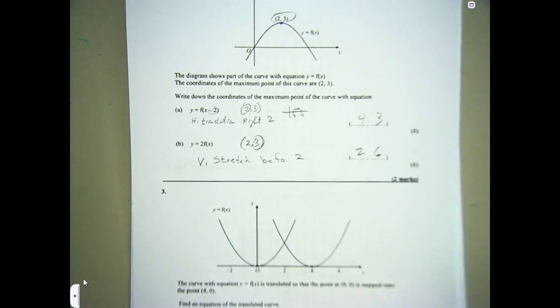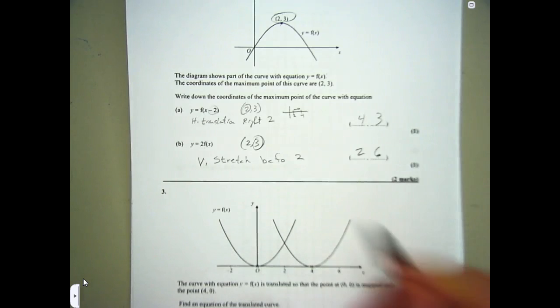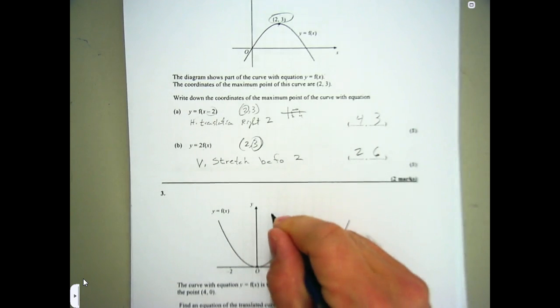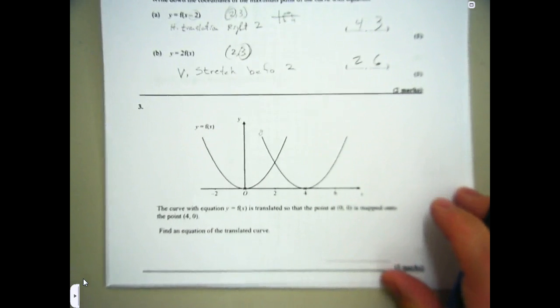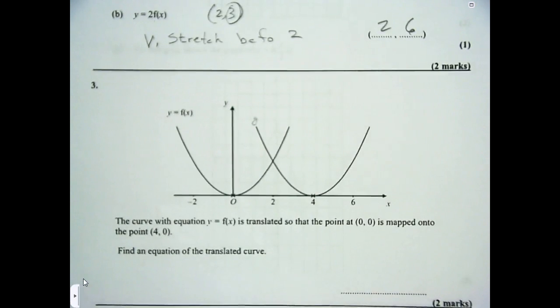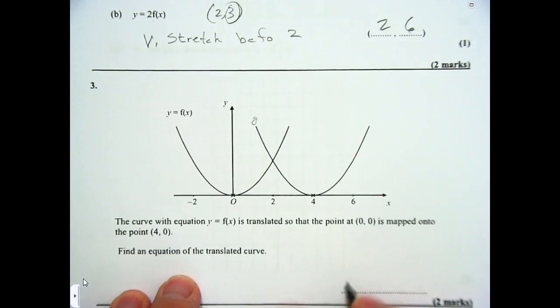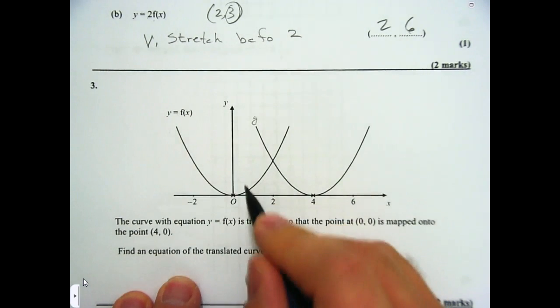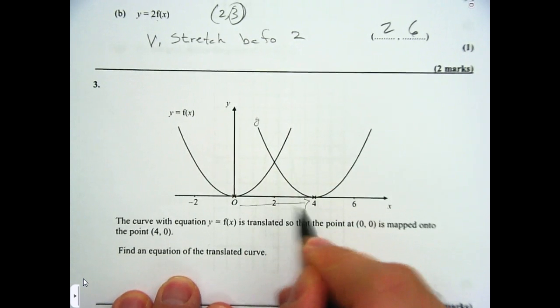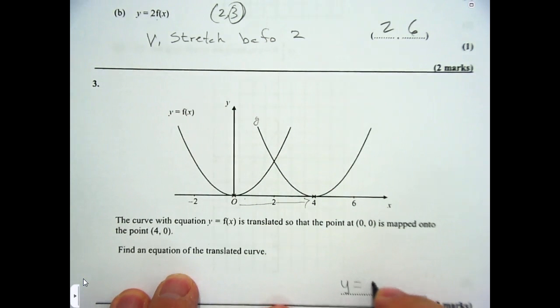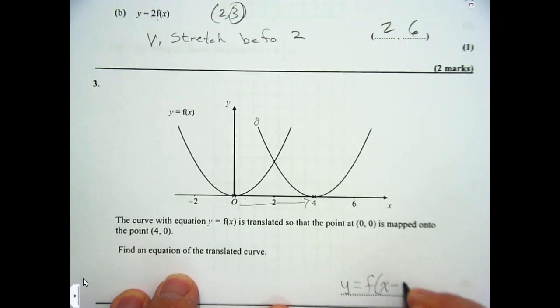This first one, notice the graph of F to the graph of G. How's it translated? We call this one G. The graph of G is moved to the right 4 units. So if this is y equals f of x, then this one would be... Many of you have the right answer. What'd you get? F of x minus 4.